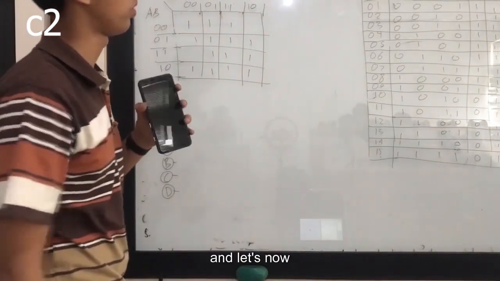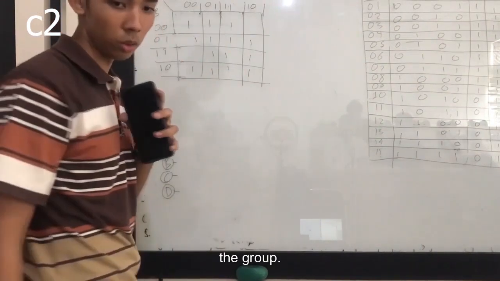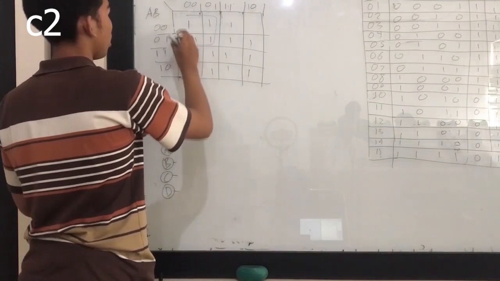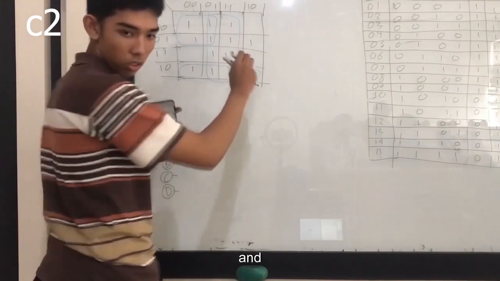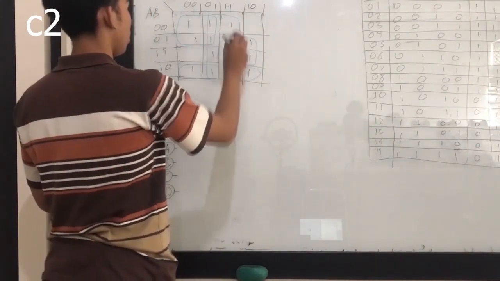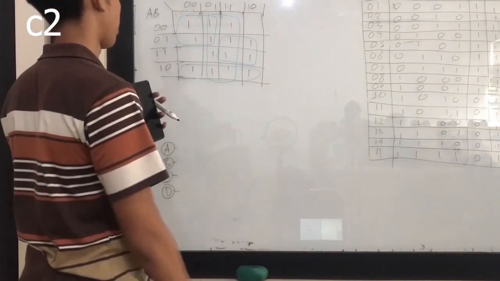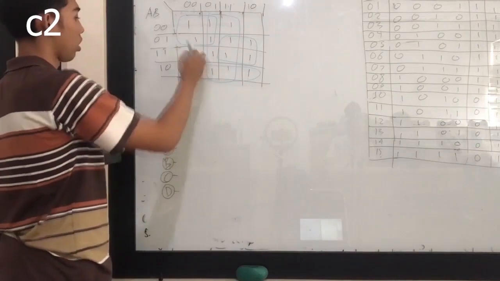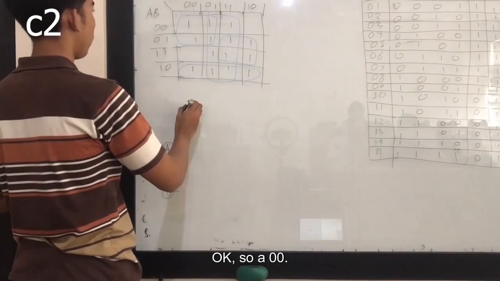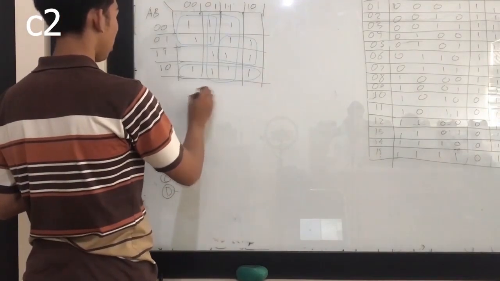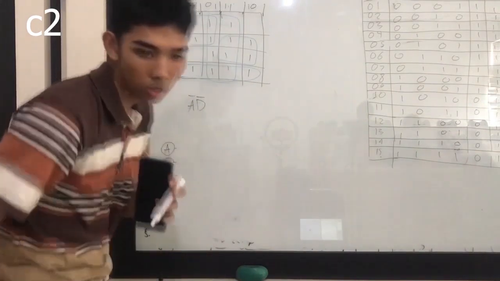Okay, and let's now identify the group. So in Logisim I got this, this and this. So should be four ORs. Now let's try to simplify this, starting from the first group. Okay, so A is 0 and B is changing, so A inverse. C is 0, D is changing, so C inverse.